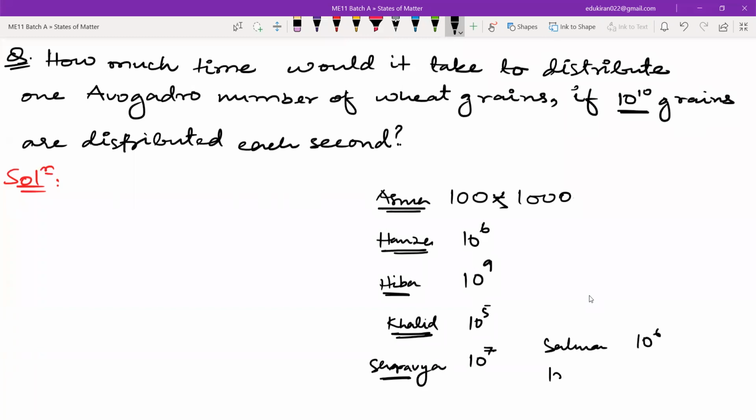Okay. Irfan? Sir, 10 raised to 7 or 6. 6 or 7. Okay, 10 raised to 7, let us say. Asma, you wanted to change the answer? Yes, sir. 10 raised to 6, I calculated. Calculate करने के बाद कौन सा guess कैसे होगा? It will not be a guess. Okay, fine. Now you can do this.